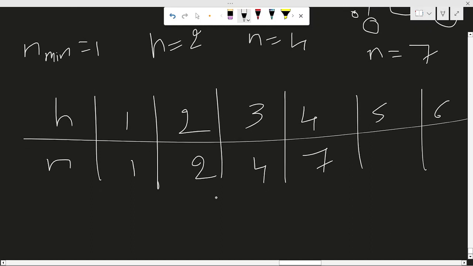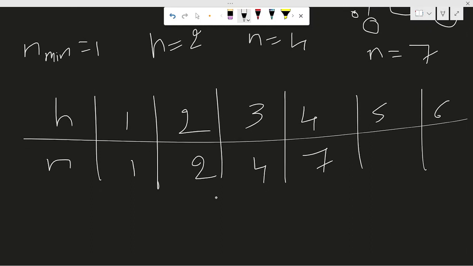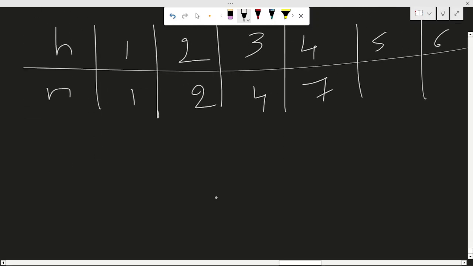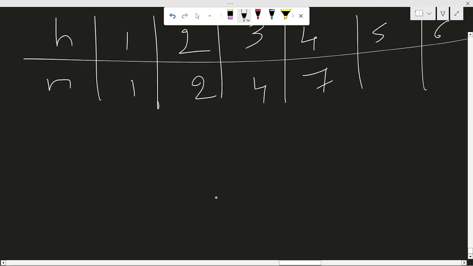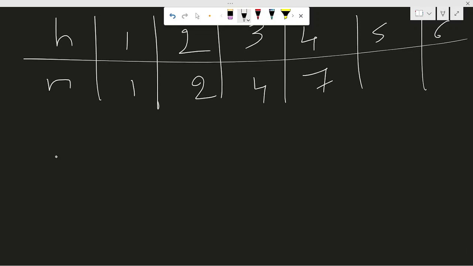So imagine, what is the minimum number of nodes that I require? Imagine n of h. It is a function. What does this function give? It gives me the number of nodes that are required to form height h. So imagine for 0 it is 0.